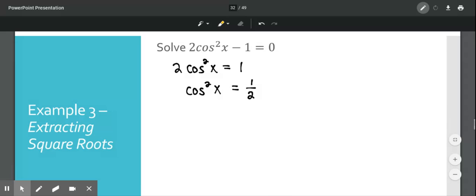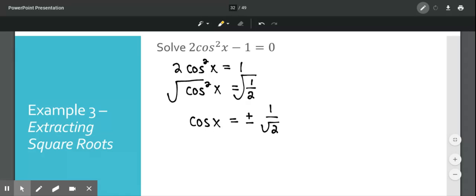And now if you have a squared on both sides, we could take the square root of both sides. So we would get that the cosine of x equals plus or minus, and if I take the square root of 1, I get 1 over the square root of 2.